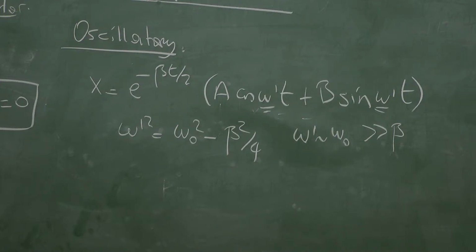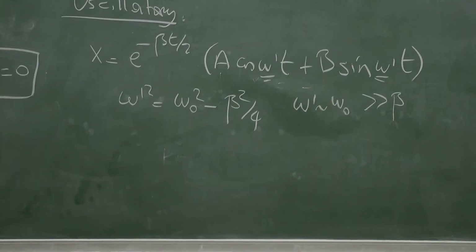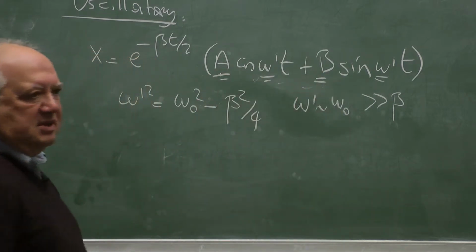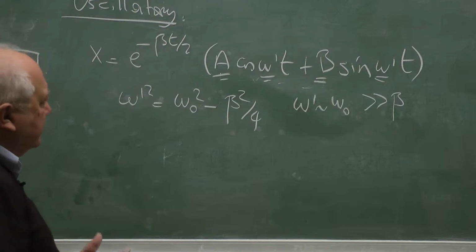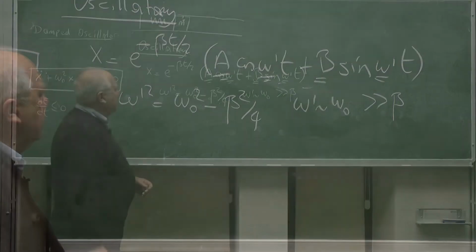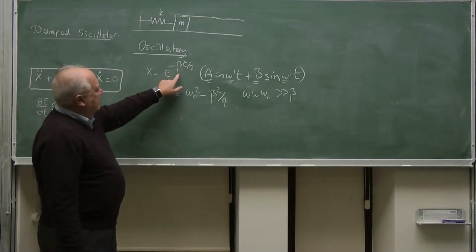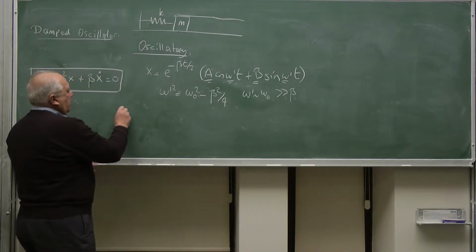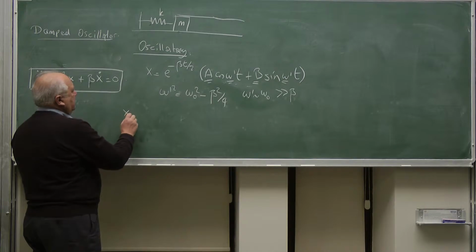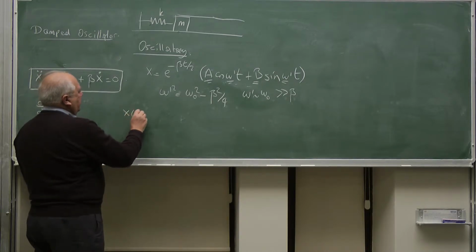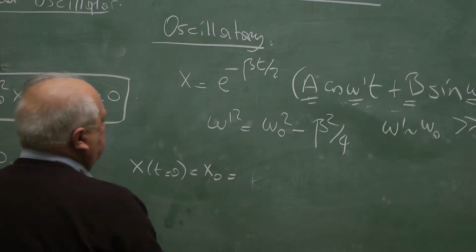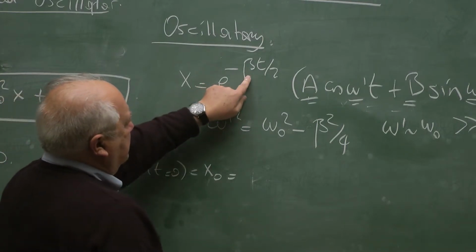Okay? So let us look at the initial conditions which determine A and B. Now, of course, it's not as simple or short as the ideal case, because we have another time-dependent function here. Okay? So let's look at x of t equals 0, which is x0. This is 1.